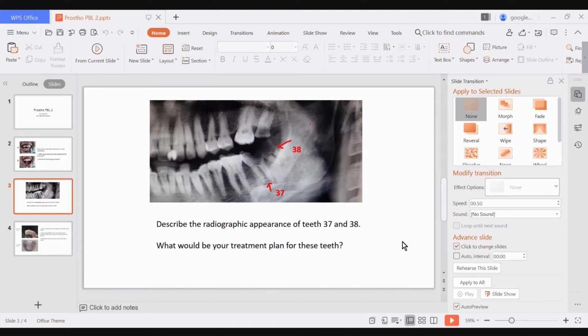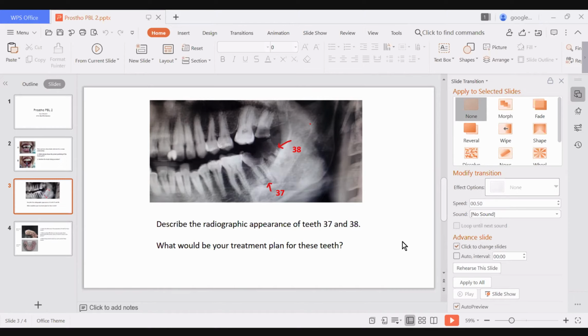And there is slight widening of the PDL space at the apex of 37. And for 38, there is almost complete loss of the tooth structure and radiolucency involving the dentin, enamel and pulp, and that's all.